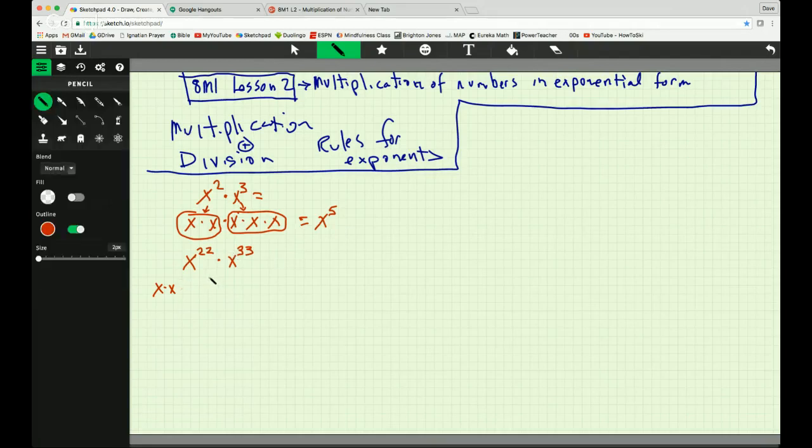That's a pain. So instead, let's just use the rule. The rule says you add the exponents. And so we're going to get x to the 22 plus 33, and so that's x to the 55th power.